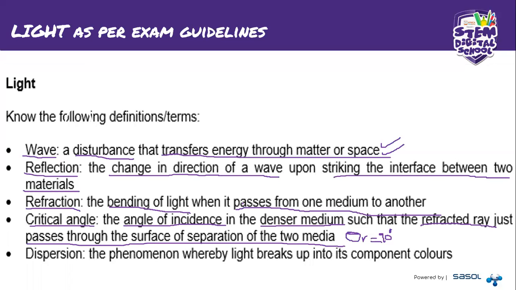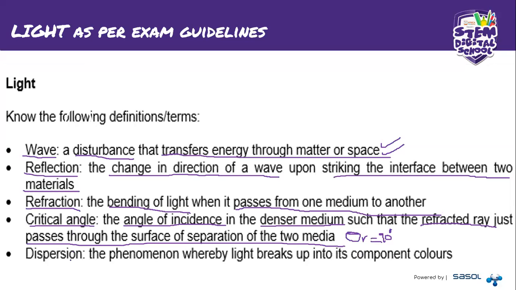So we note that it's still an angle because it's a critical angle, but it still represents an angle of incidence, but it will have to be in the denser medium, and the refracted ray will pass through the surface of separation of the two media, meaning it bends far away from the normal, such that the angle of refraction is actually 90 degrees.